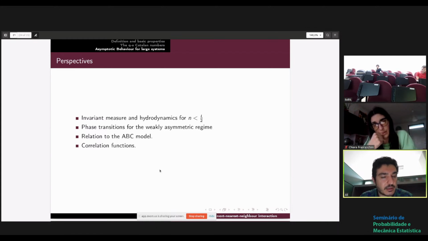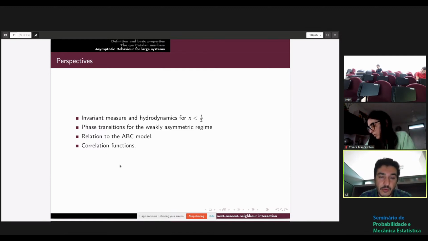There is some asymmetry parameter, and the clustering of the particles appears for large values of the asymmetry parameter. So there is a lot of analogy to our model, but the exact relation is still to be investigated.